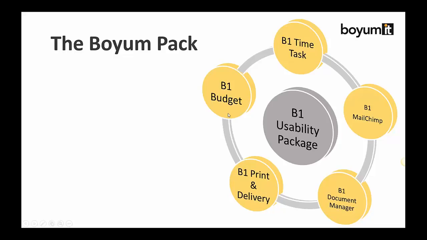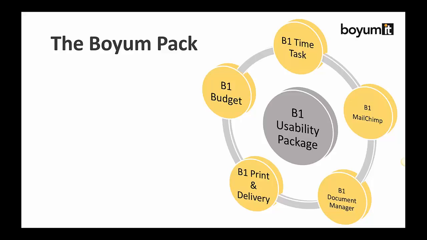We do have other products like the budget, which displays the actual figures against the budget. We have the time task, which allows you to plan a task and then register time against it and then bill a client. The B1 MailChimp, if you're familiar with the MailChimp platform for newsletters, is an integration of Business One emails into that MailChimp system online.